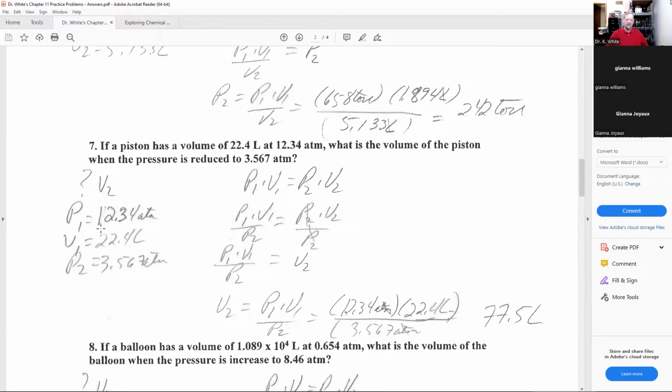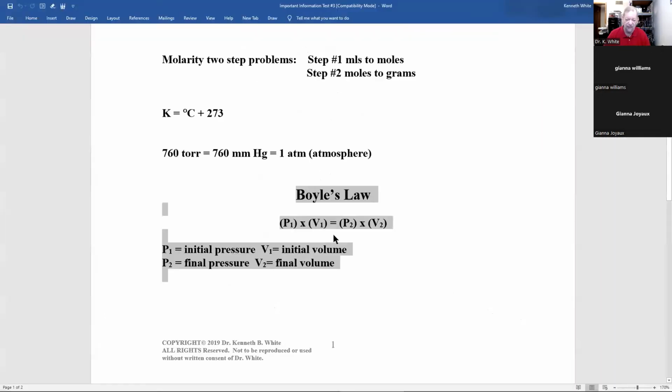The initial pressure is this. The initial volume is 22.4 liters. The final pressure is 3.567 atmospheres. When you see a problem that only has pressure and volume, you know Boyle's law. P1 times V1 equals P2 times V2. Again, this will be given to you right here in important information, quiz number 3.